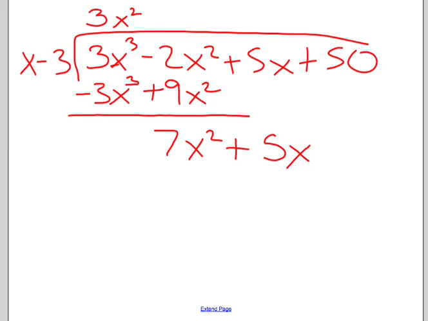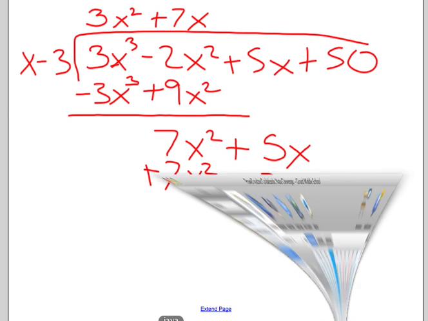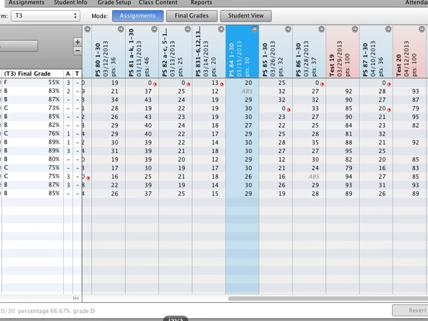How many times does x go into 7x squared? 7 times. Plus 7x. Then I do the 7x times negative 3 is a negative 21x plus 7x squared. Now I'm going to change the signs because I'm subtracting the entire quantity, so I have to distribute that negative through.